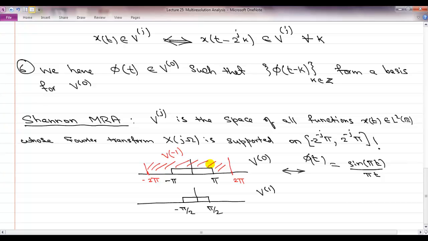And if you take the intersection of all of these subspaces, that will be just the zero function. Right?